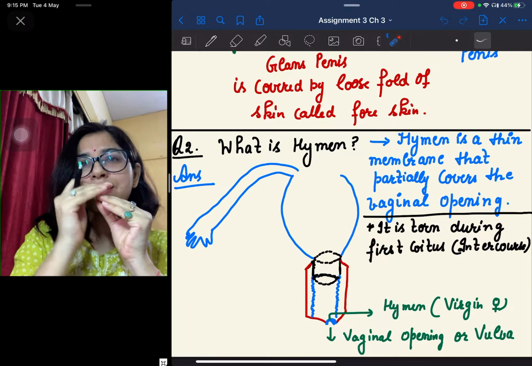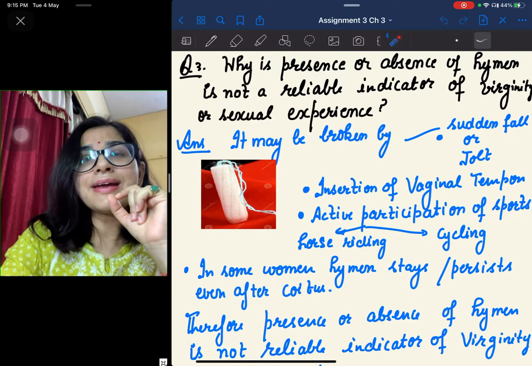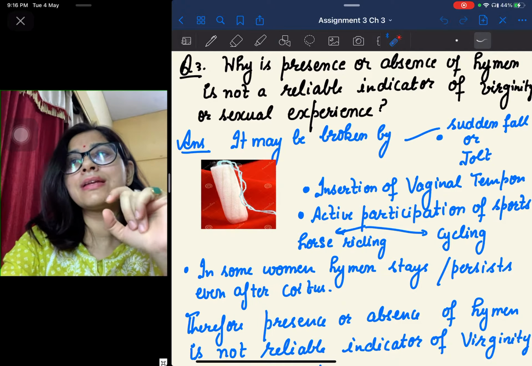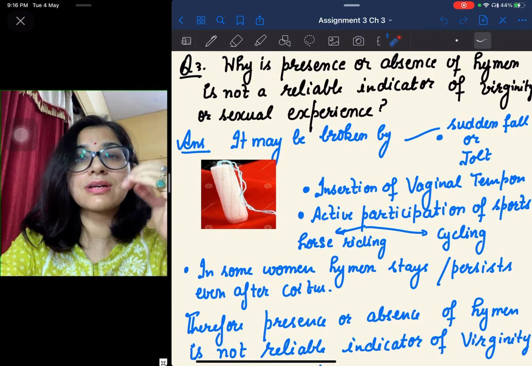Now with this question, there was a second part which I have mentioned in question 3. Why is the presence or absence of hymen not a reliable indicator of virginity? Because it is given that it is present in virgin females. But why is its presence or absence not a sign that a female is a virgin, or a female who has undergone sexual experience?